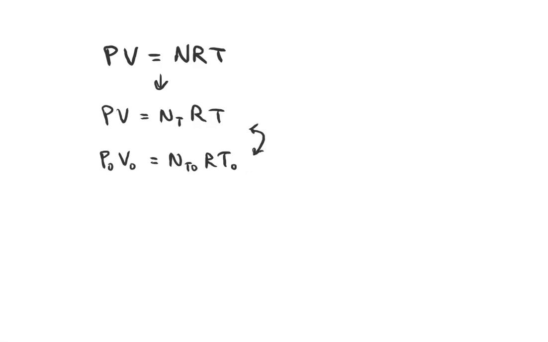So you could imagine comparing these two and actually performing division to get this relationship when you isolate for just volume. The volume that you would have at any given time is going to be equal to the volume that you started with, times the initial pressure over whatever pressure you're at now, times the temperature you're at now over the initial temperature.